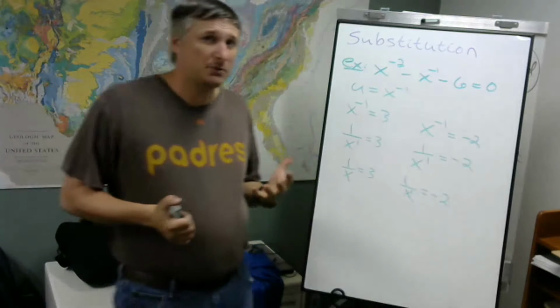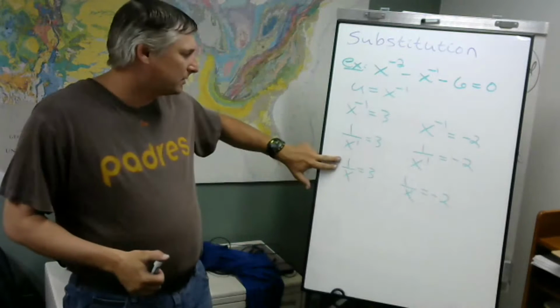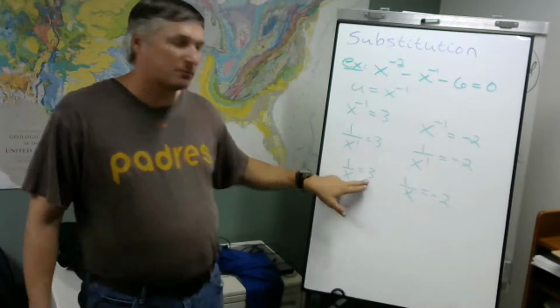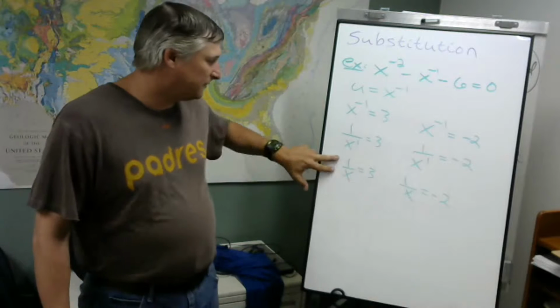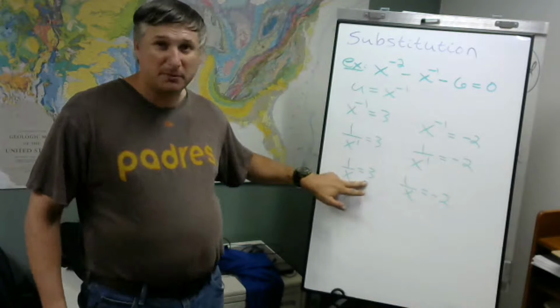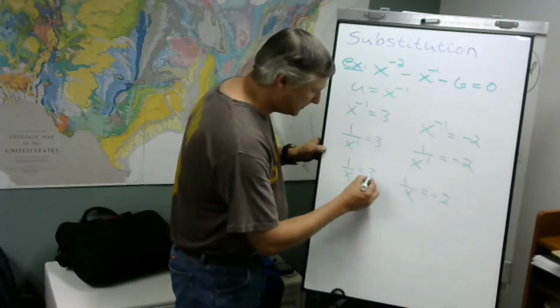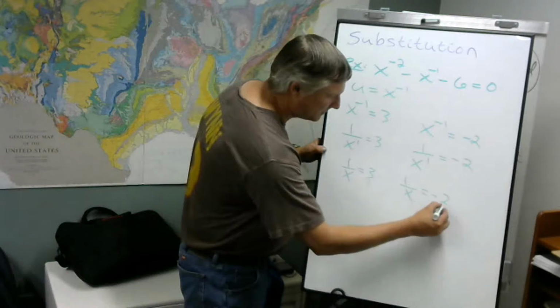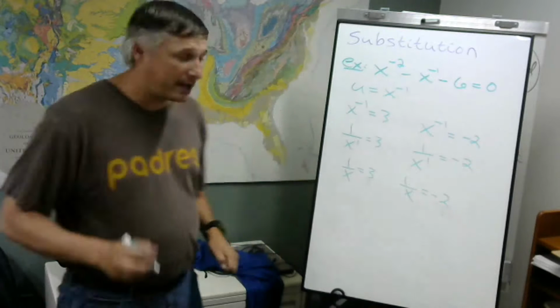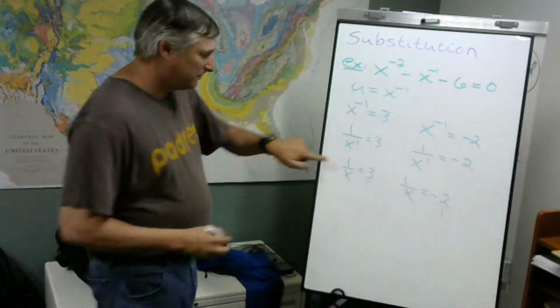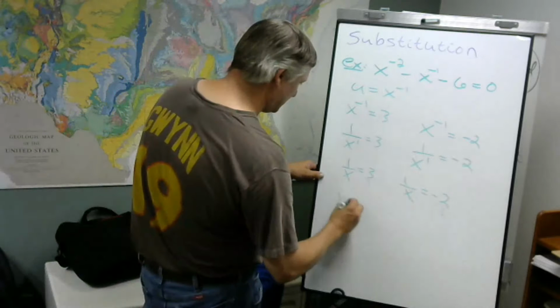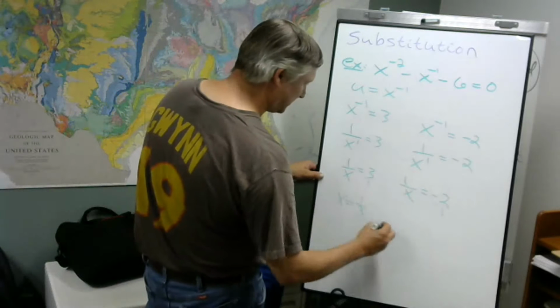And there's a trick you can use in algebra. If you take the reciprocal of one side, you can take the reciprocal of the other. It means you can flip one side, you can flip the other. And remember, we always think of numbers as having invisible ones underneath them. So flip this: x is 1/3.